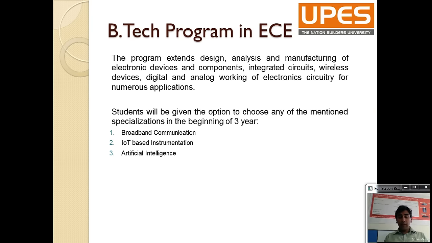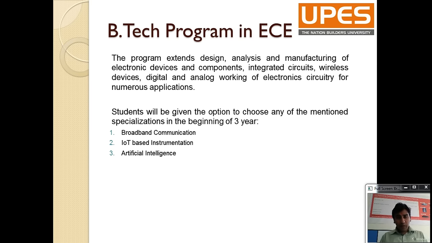Students will be given an option to choose a further specialization at the end of their second year and the beginning of the third year of their studies. The 3 areas of specialization are broadband communication, IoT-based instrumentation, where IoT stands for Internet of Things, and artificial intelligence.